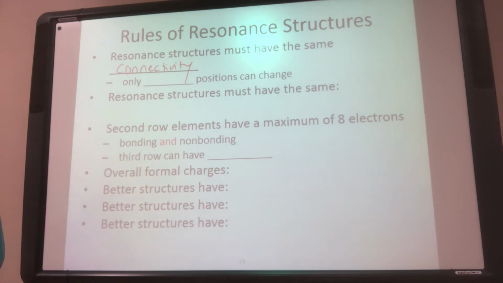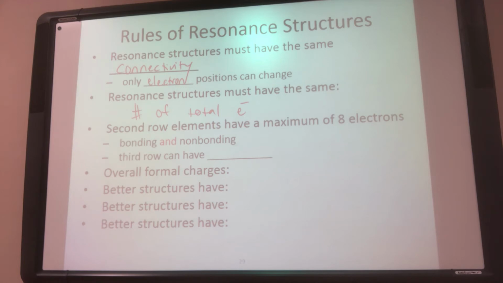The only thing that's moving is those electron positions. Where are those double bonds located? Where are those electrons located? That's the only thing that can move. Resonance structures must have the same number of total electrons because they have to pretty much be the exact same molecule, just kind of like a flipped version of them.